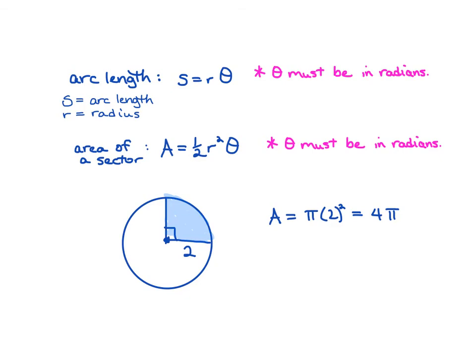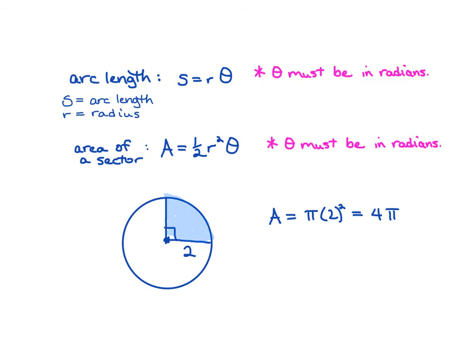Now, last year when we found the arc length or the area of a sector, remember we probably, for the arc length, we did what part of the whole circumference was it? And same thing for area of a sector, what part of the entire area of the circle were we looking for?